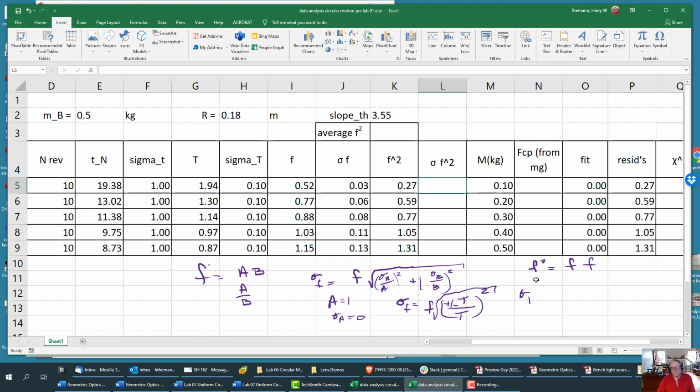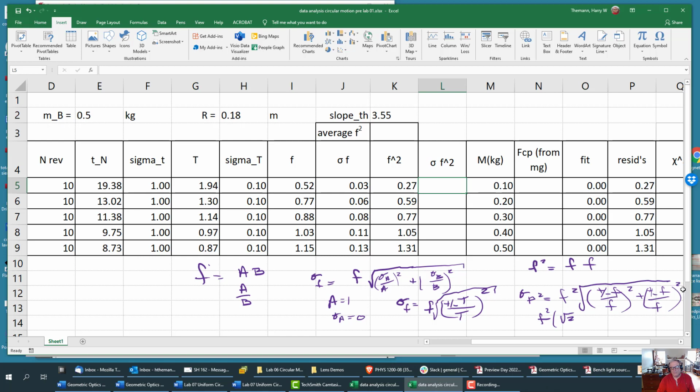So the sigma f squared is going to be equal to f squared times the square root of plus minus f over f squared plus minus f over f squared. And that becomes f squared times the square root of 2, because now this is going to equal 2 times that.